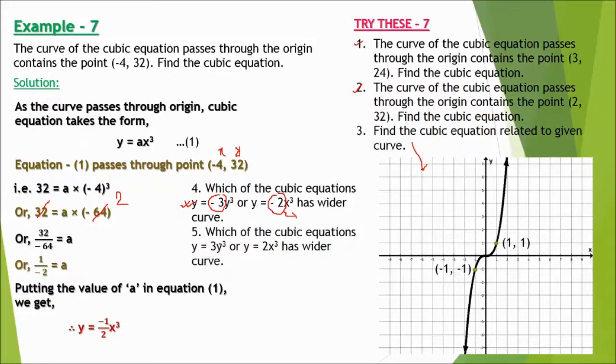Now here they are all positive values. So to get the wider opening, this value will get the wider opening. In the first, this curve will get the wider opening. Then in the second, this curve will get the wider opening. Wider curve, not opening. Actually, in a cubic equation there is no opening. Sorry. So wider curve. Wider curve means it will be far away from the y-axis. The curve will be far away from the y-axis.